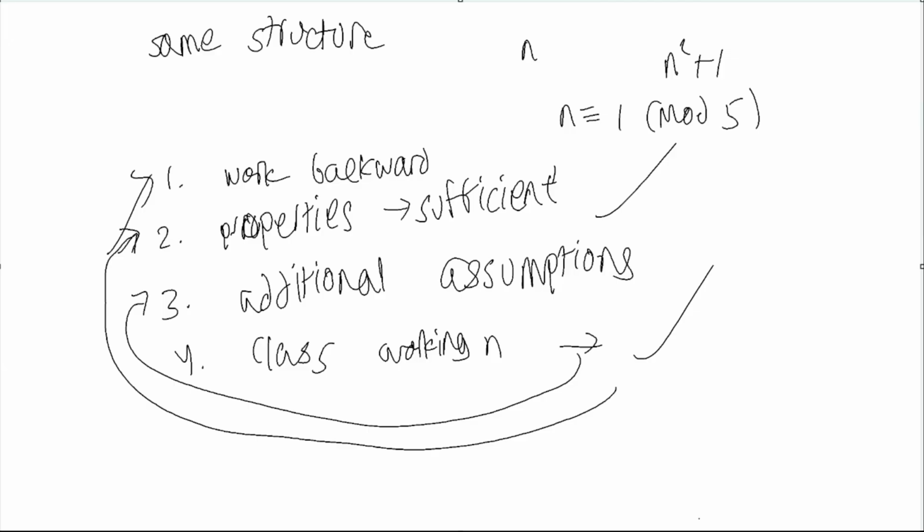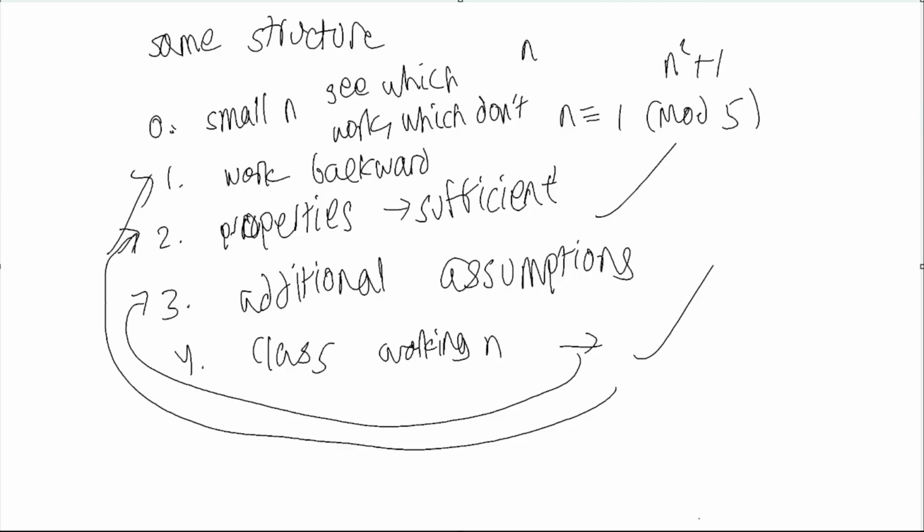And I forgot one final step that you have to do, so I'll call this step 0, which you have to do before the problem begins, which is to try small n and to get a sense of the problem and see which work and which don't. That way you have a good sense of what you have to do in the problem and what must be true in order for it to hold. Okay, so this is the basic structure of a bunch of problems.